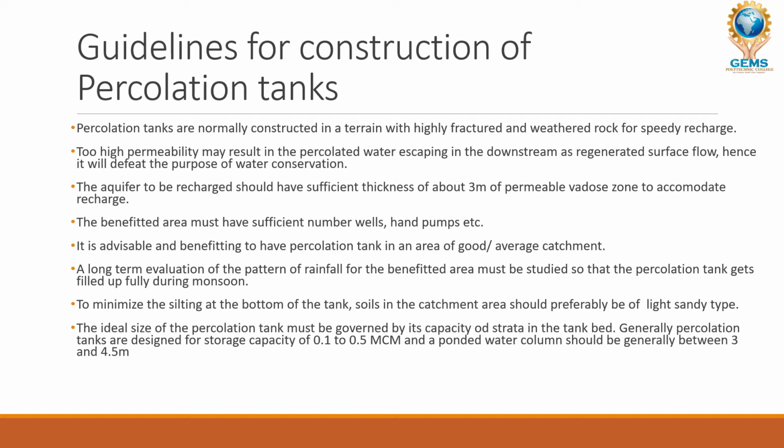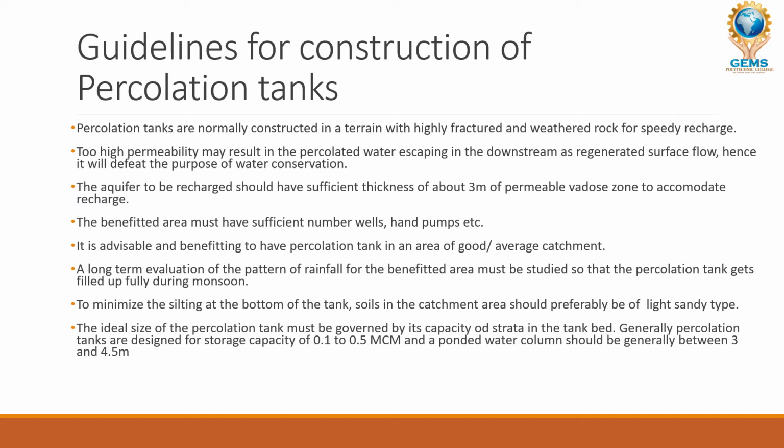If large stone-like or sand-like formations are not fine, they block the water passage at the bottom of the percolation tank and do not allow the water to permeate. So you must check whether it is a light sandy type; if it is, you can go ahead and construct the percolation tank.